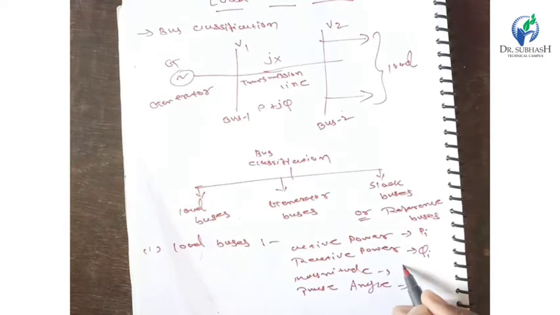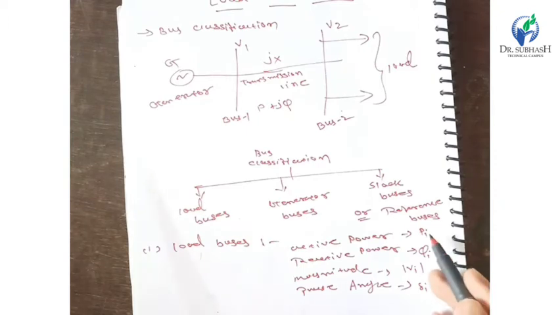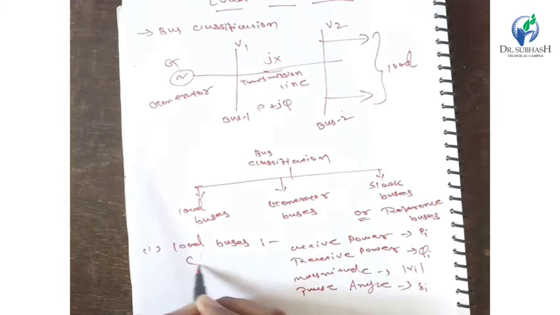The magnitude is in positive form, V suffix I, and the angle is represented by the symbol delta I, obtained through the load flow solution. So all four parameters are dependent in the load buses. This is also called a PQ bus.